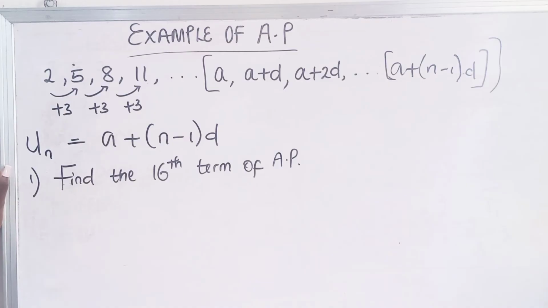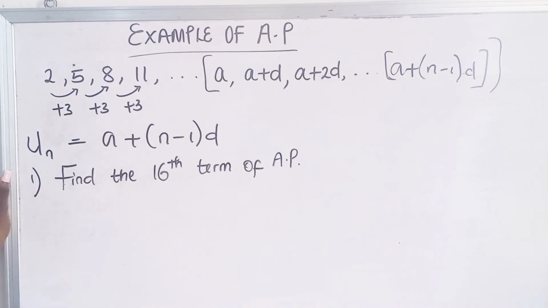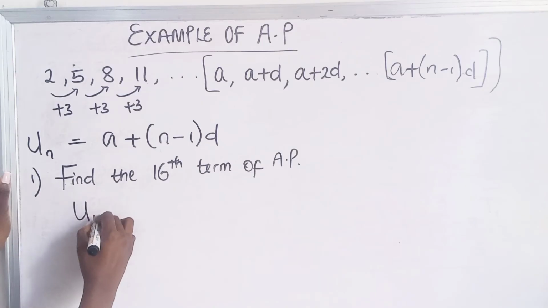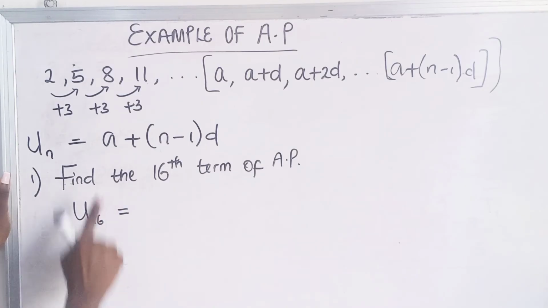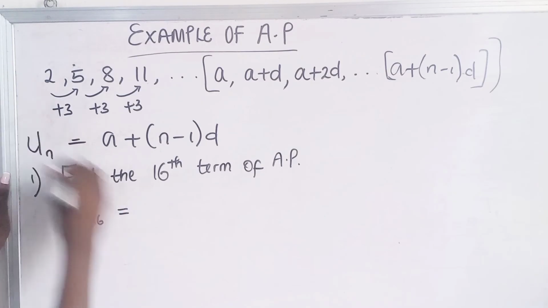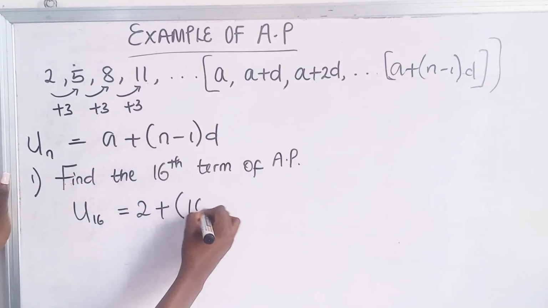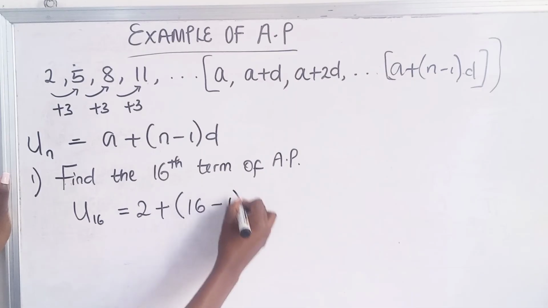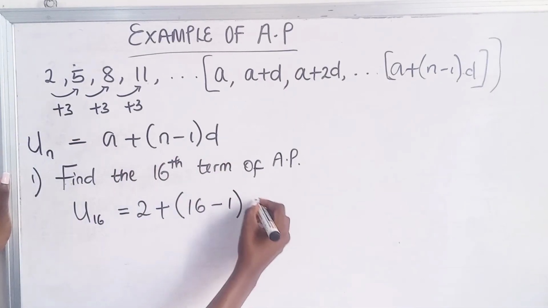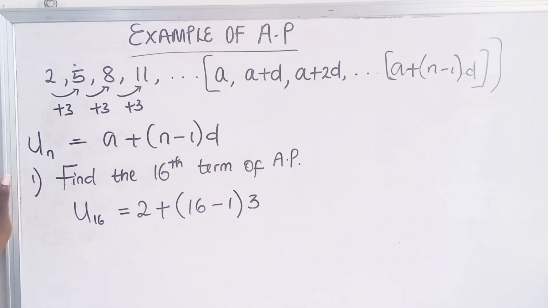Now let's see how we do it. We know the formula already. Make sure you know your formula. So that way you know that we're looking for the 16th term. So now what's your first term? Your first term is 2. What's n? 16, the term we're looking for, minus 1. What's your common difference? 3.